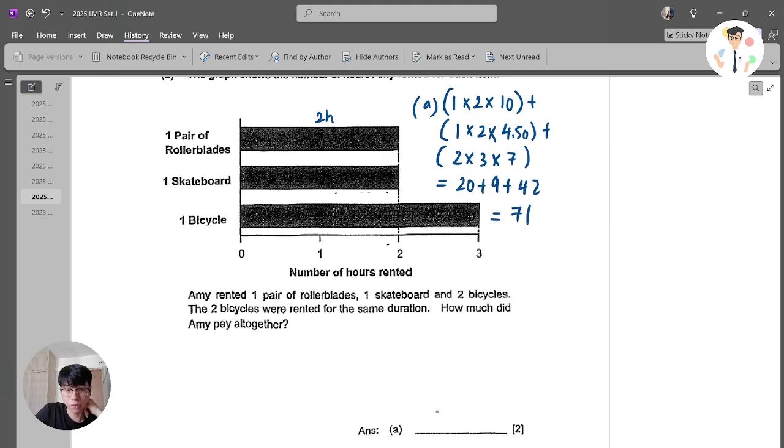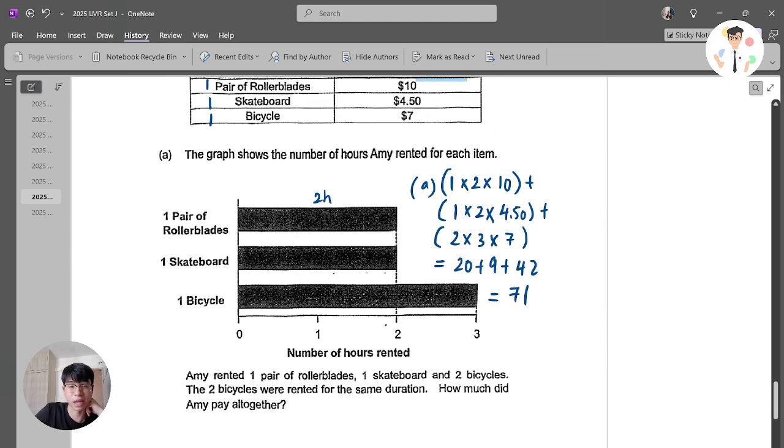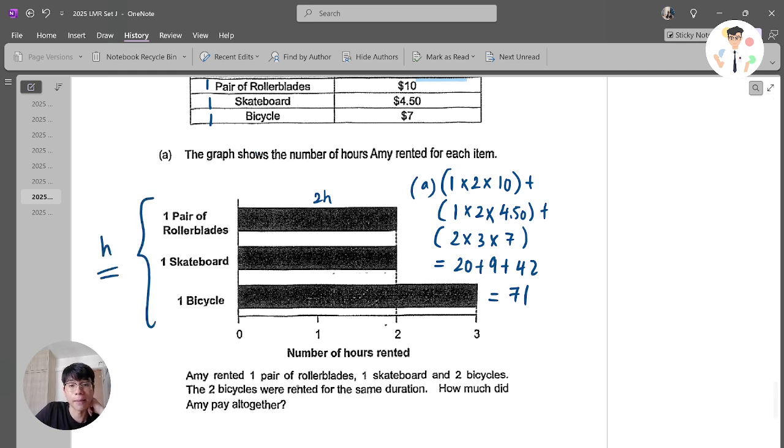It's not a difficult question, but it requires you to read very carefully based on the hours or the duration here and the number of items that I'm renting here.